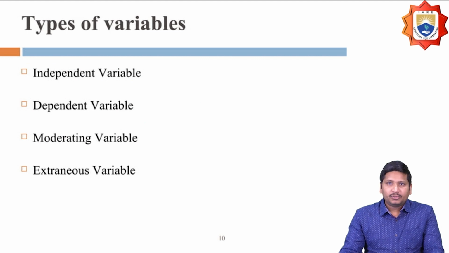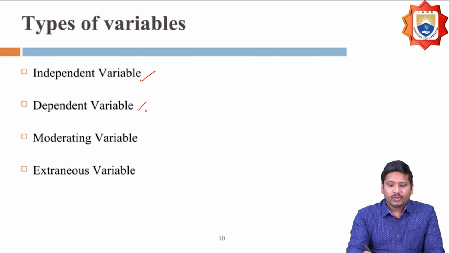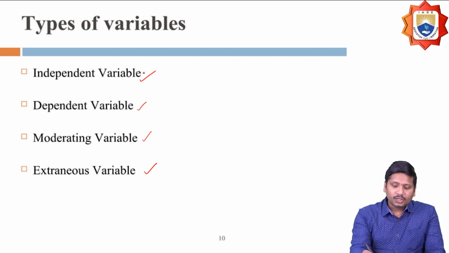There are also other types of variables, like independent, dependent, moderating, and extraneous variables.